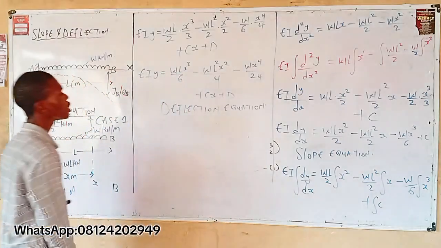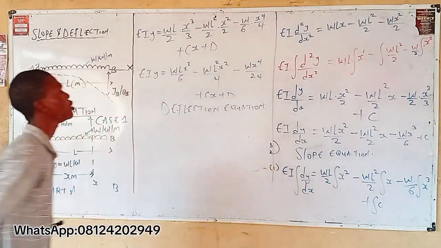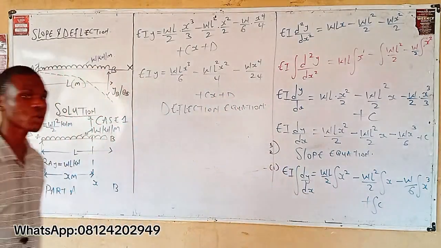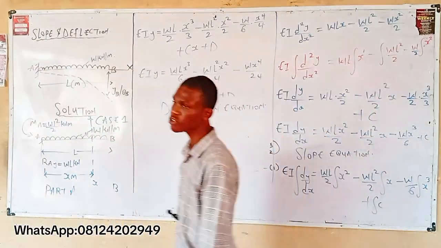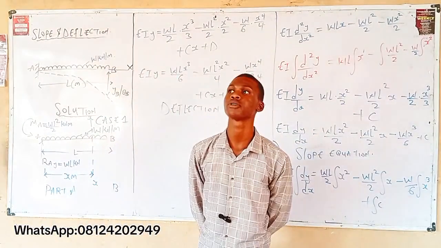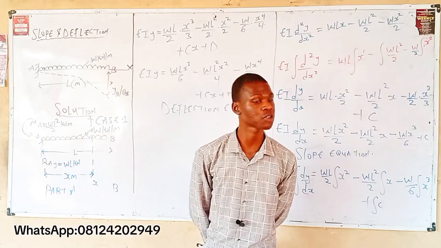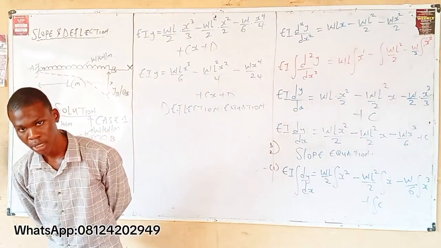Now let's continue. This is the slope equation and this is the deflection equation. What's the next step? Substitute boundary conditions. Now the idea of boundary condition, pay attention. The boundary condition of a simply supported beam is different from a cantilever beam.